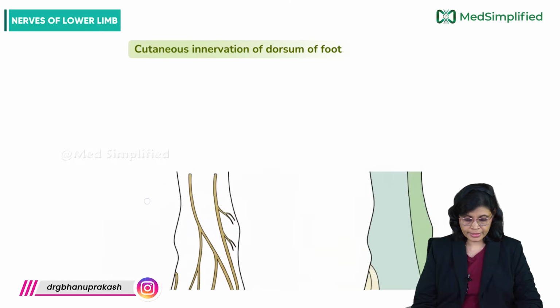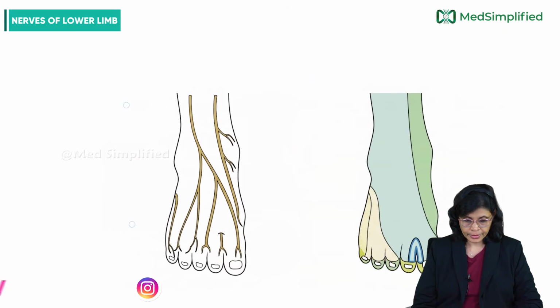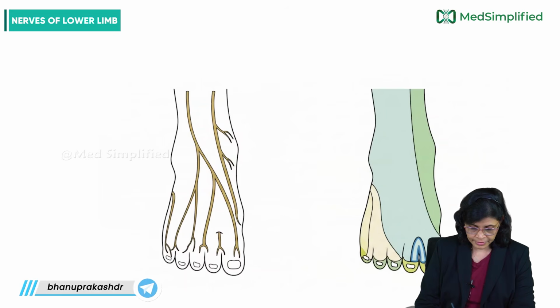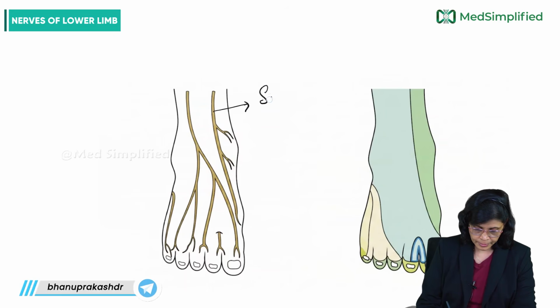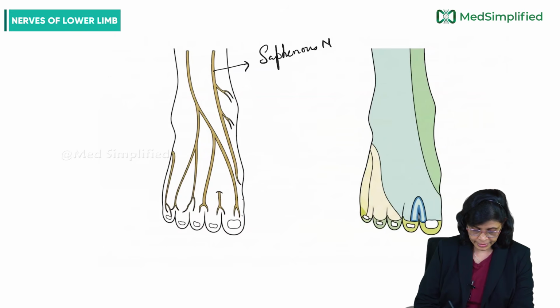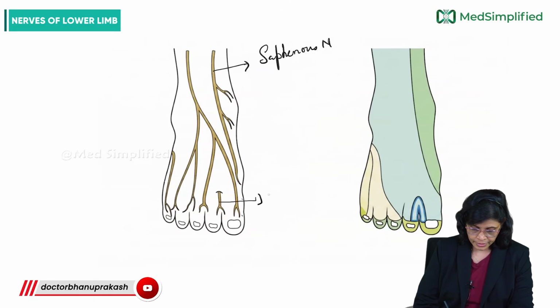Coming to the next, the cutaneous innervation of the skin. Mainly along the medial aspect we have the saphenous nerve, in the dorsum of the foot up to the ball of the great toe. Then near the first interdigital cleft, we have the deep peroneal nerve.